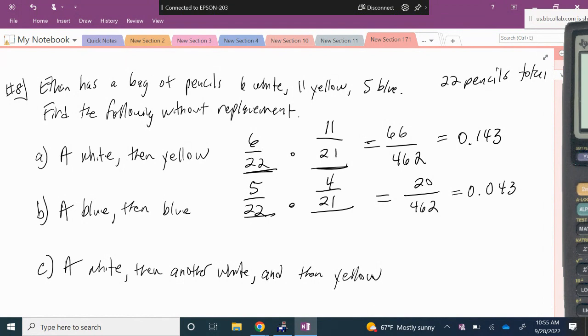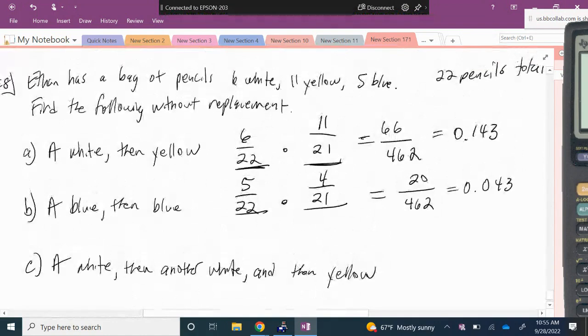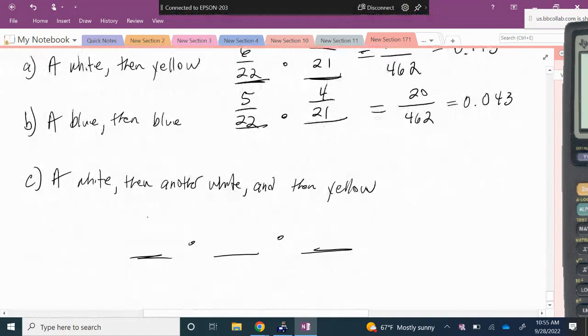All right, so what about the last probability? So now we're choosing 3 pencils. So I'm going to map out 3 probabilities. So what is the probability of choosing a white pencil? All right, 6 over 22.